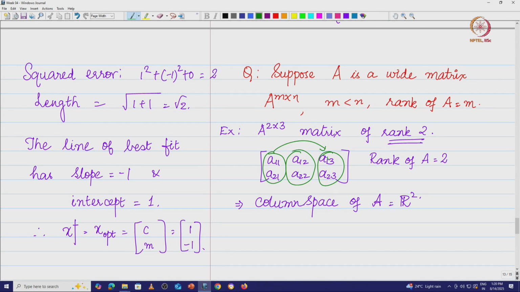That means you are going to have 2 linearly independent vectors, and we know that 2 linearly independent vectors will span a 2 dimensional subspace. Therefore, in this case the column space of A is a 2D subspace of R2, but this 2D subspace of R2 is basically R2 itself.